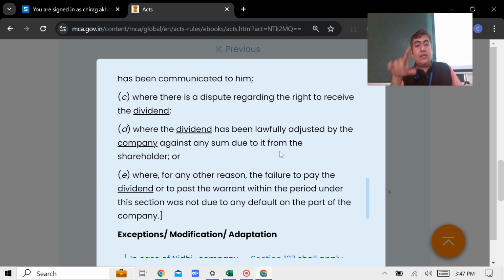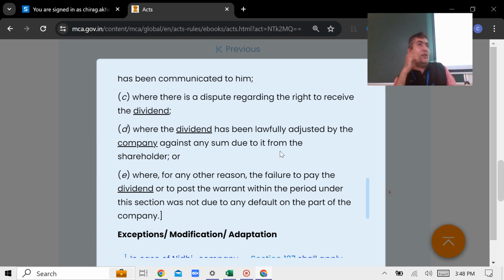You couldn't pay because of the mistake of the shareholder. I posted the registered post but you had the wrong address. It is not the company's mistake. In the account number you demanded it. Exactly, that I want in a different manner.